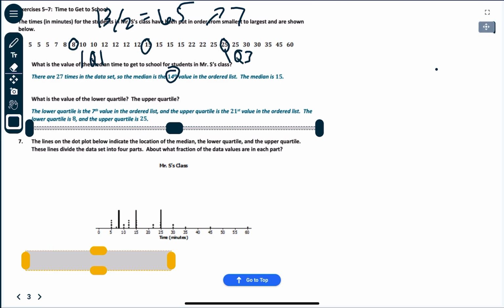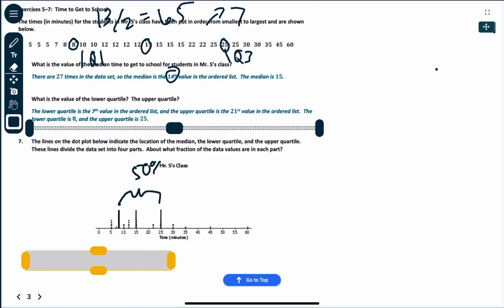Now, it says these lines on the dot plot below indicate the location of the median, the lower quartile, and the upper quartile. These lines divide the data set into 4 parts. What fraction of data values are in each part? This is what I've been telling you to remember.